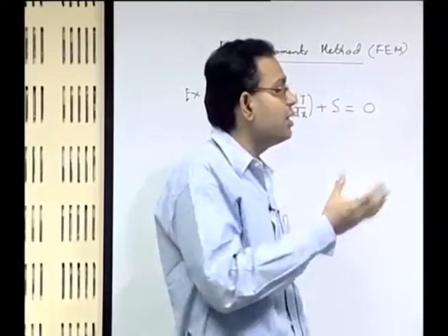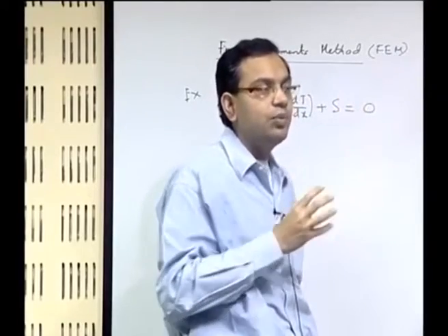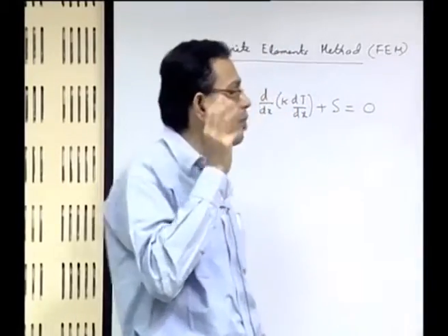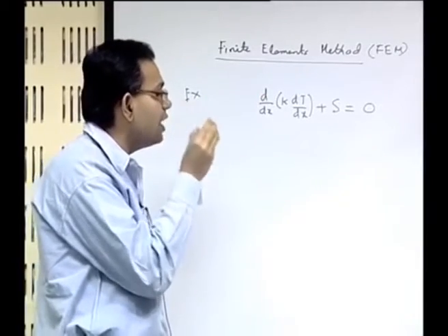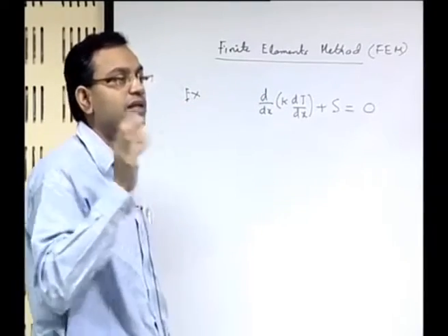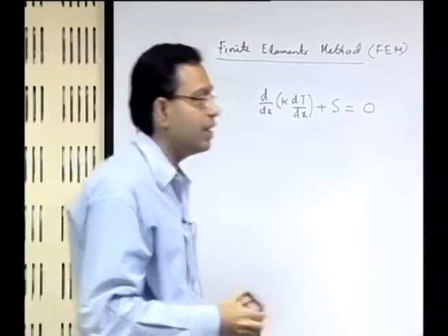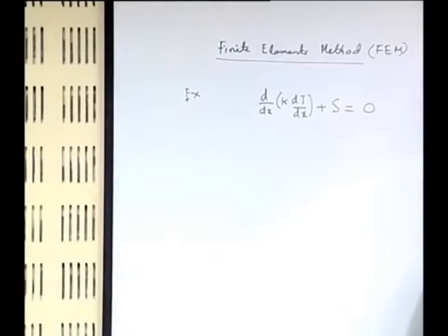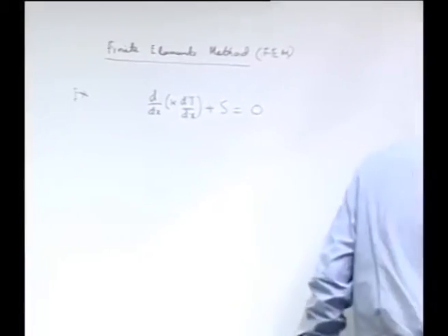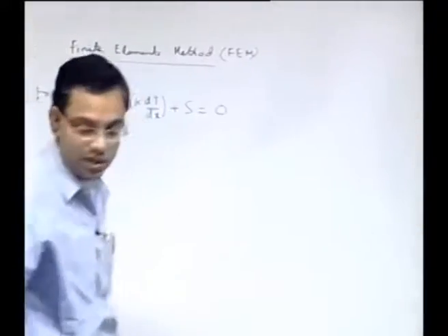Now, in the discretized version of that, in the finite element method, we will employ that over each of the discrete subdomains in which the domain is decomposed, and each subdomain is called as an element in a finite element method. So, the first step, if you remember, divide the domain into a number of discrete subdomains.